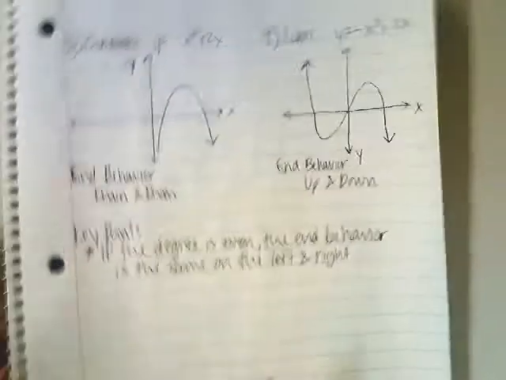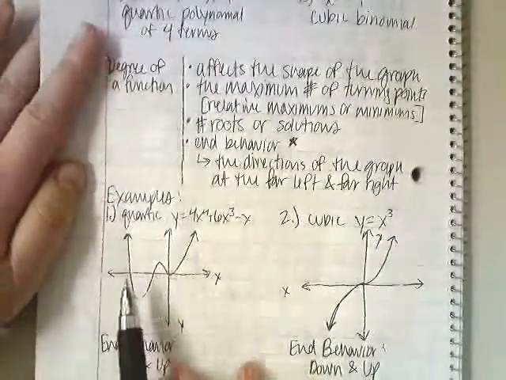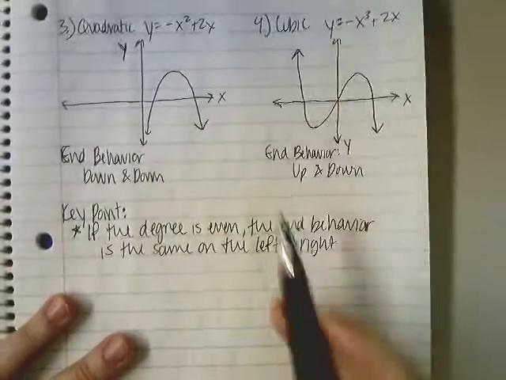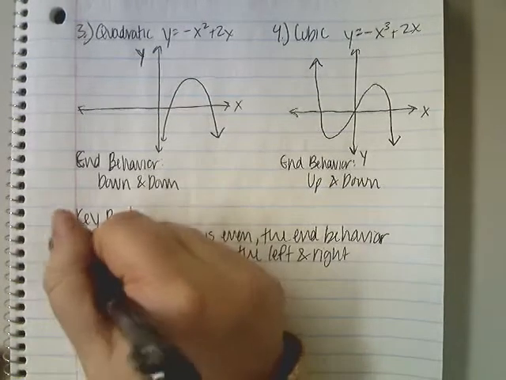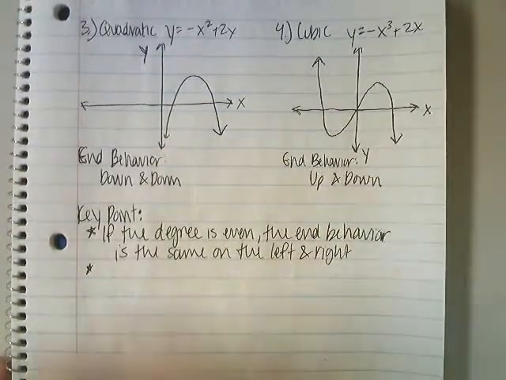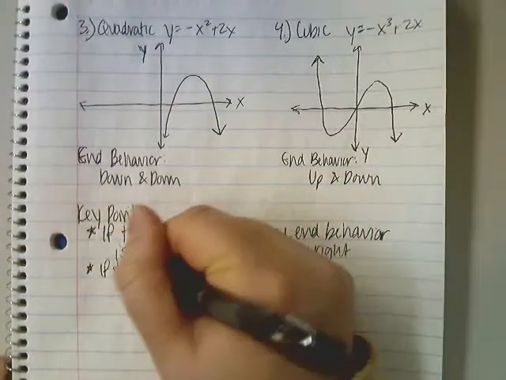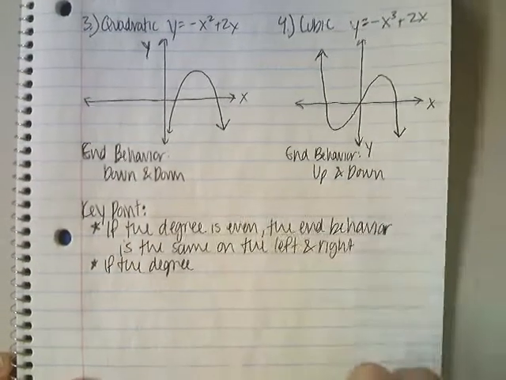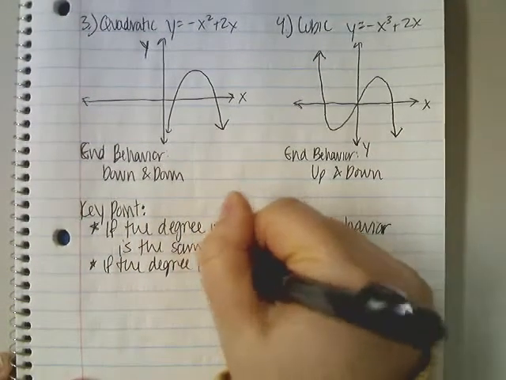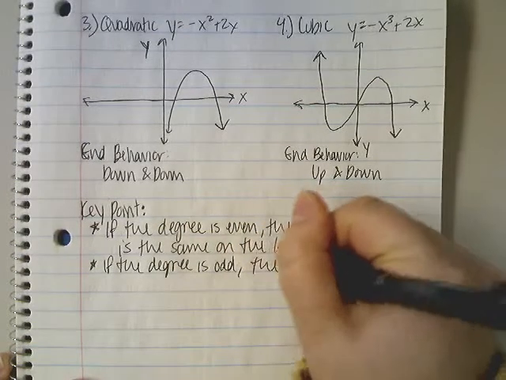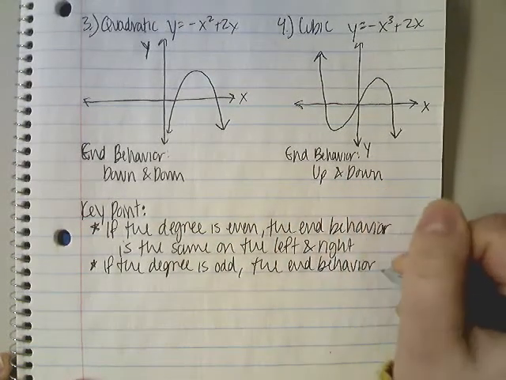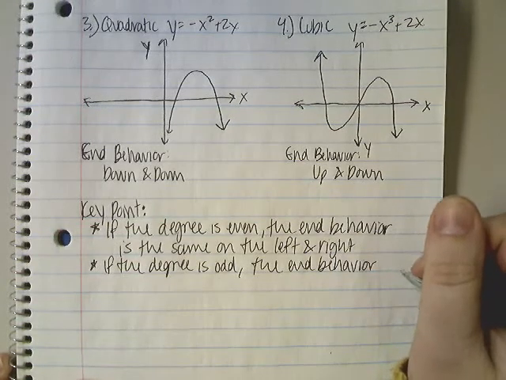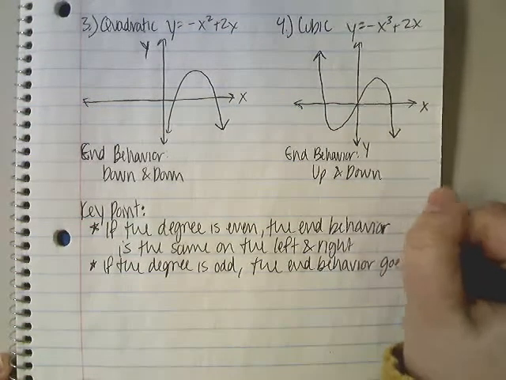If we looked back at our quartic function, it's up and up, whereas our end behavior for odd degreed functions is going to be opposite directions. So if the degree is odd, the end behavior goes in opposite directions.